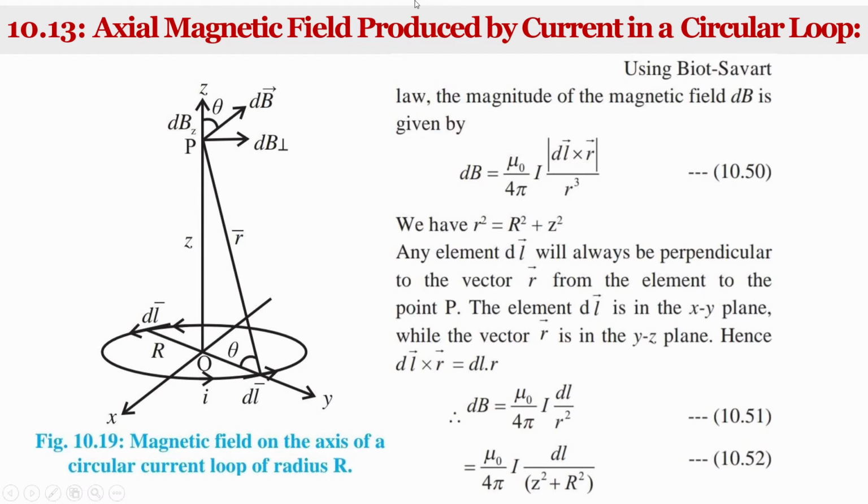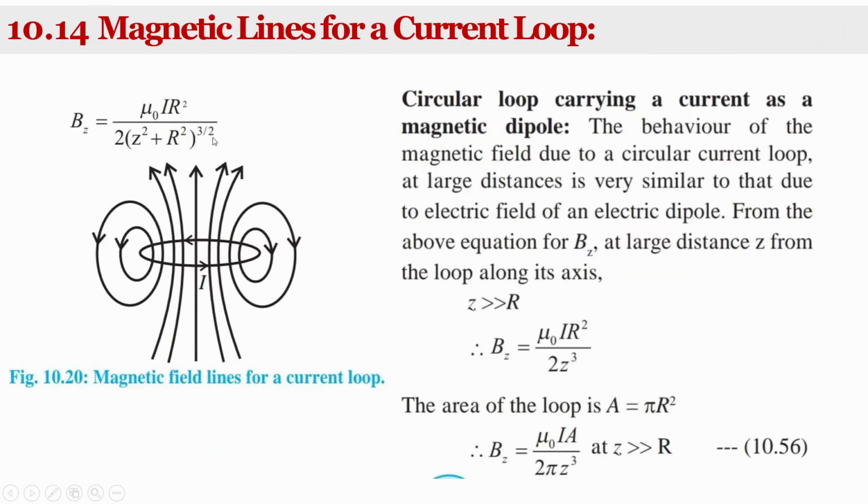While we consider its components, dB has two components, a vertical and a horizontal one. The component dBz is along the z axis.